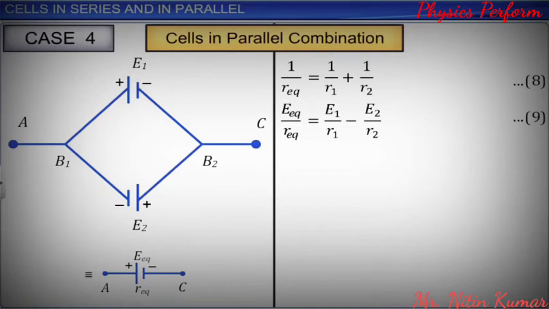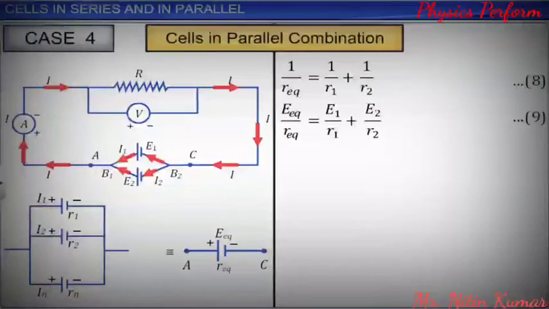Equations 8 and 9 can be extended when n cells of EMF E1 to En with internal resistances R1 to Rn are connected in parallel combination. They can be replaced with a single cell of EMF EEQ and internal resistance Req.